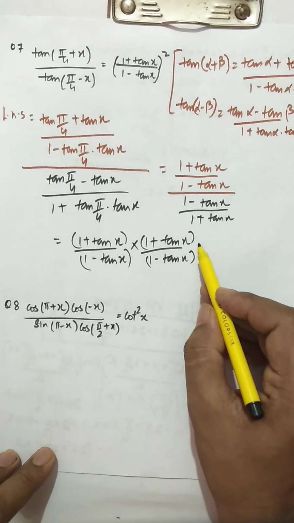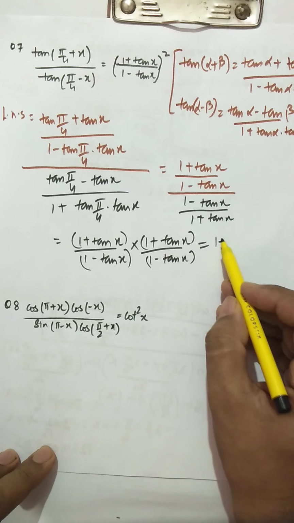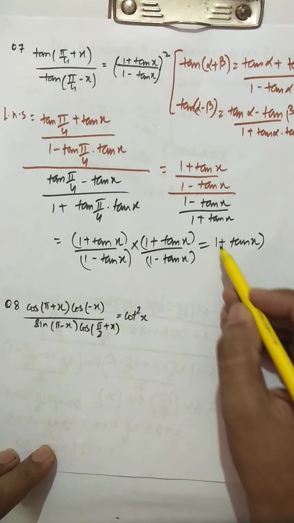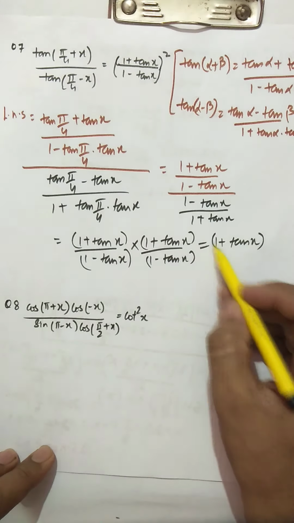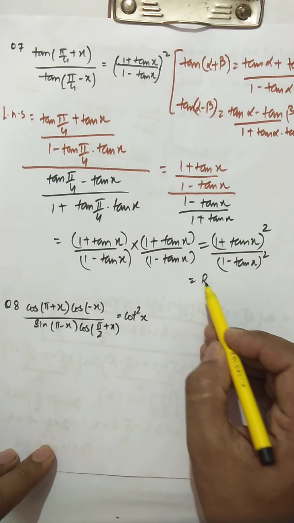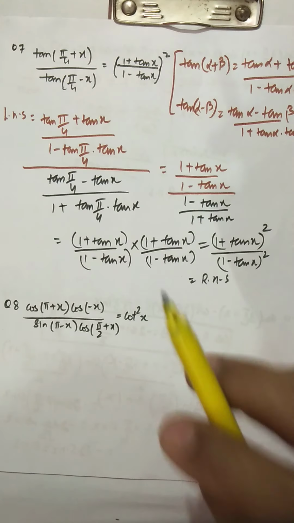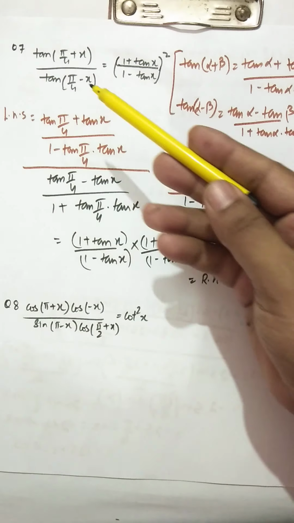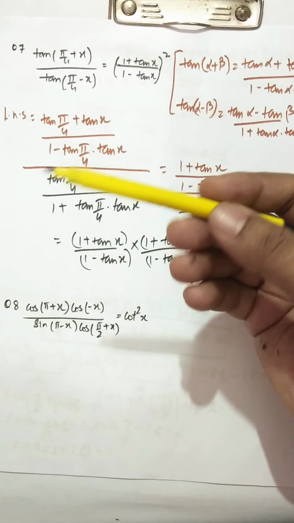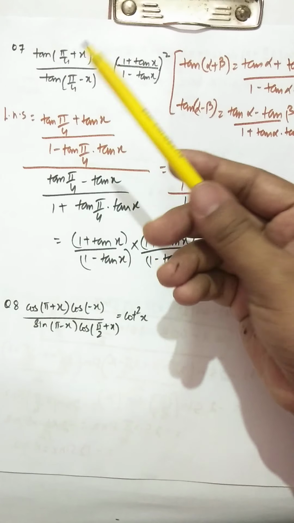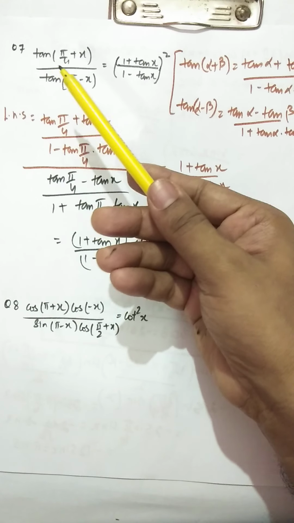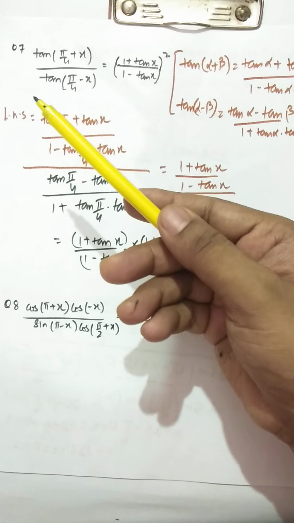So you see that the numerator now becomes (1 plus tan x) whole square, and this will become (1 minus tan x) whole square, and that is equal to your RHS. So you have to just remember one thing, that you can relate this question with some formula, and the question itself will give you a hint about which formula you have to use here.